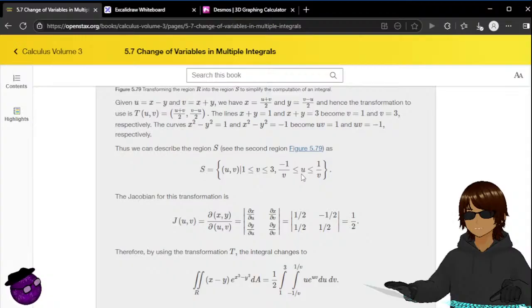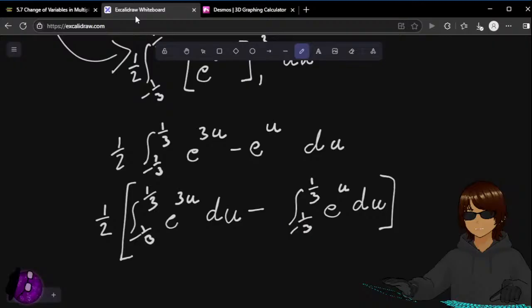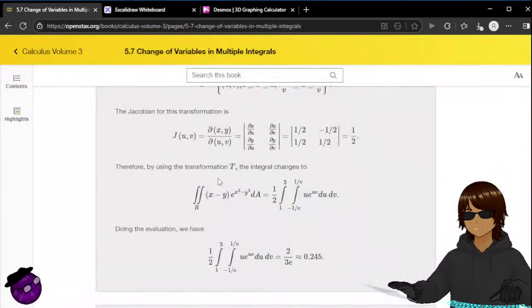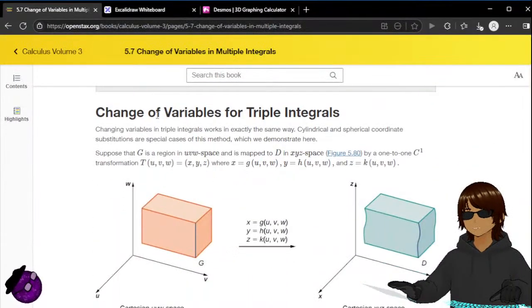Okay, we write this as u going from minus 1 over v to 1 over v. And we integrate with respect to u first. Okay. If I continued this, never mind, I will just see it off screen.